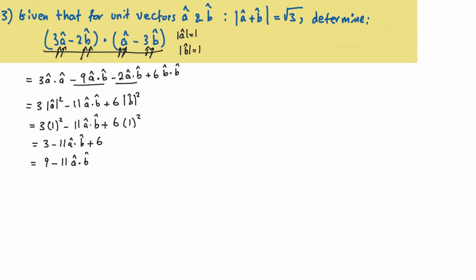Now, based on all the types of questions that we've done so far, this would be considered a thinking question. It's a little bit more challenging because, yes, we simplified this and we got this, but we have the number 9, which is good, and we have A dot B here, the dot product of unit vectors A and B. We also have that the magnitude of A plus B is going to equal root 3, and we need to make a link between these two.